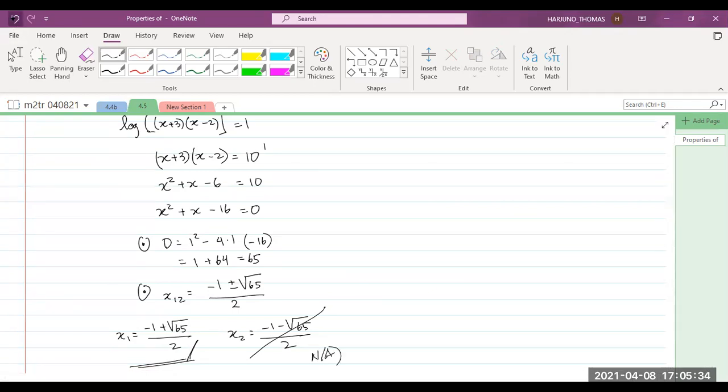Now that's how you actually show the work. You don't just give me this one without showing this and rejecting that. You need to show me both and underline the solution that you accept, and cross out the solution that you don't accept.